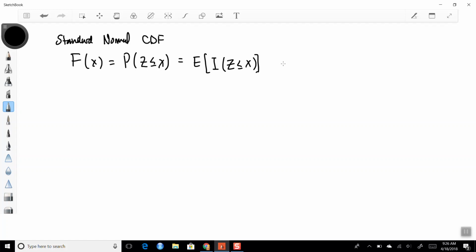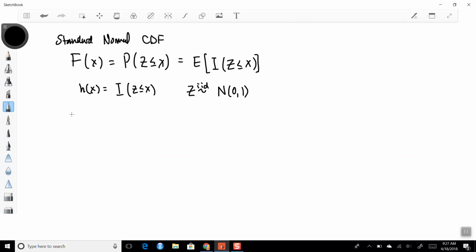And so our h of x is this indicator function, where the z's are drawn IID from normal 0, 1.